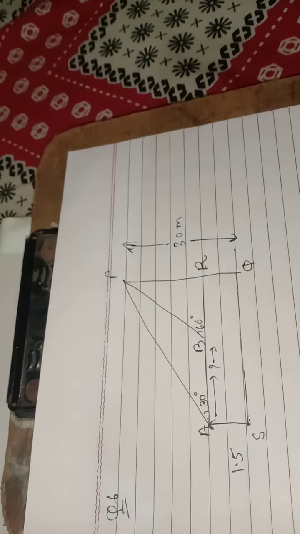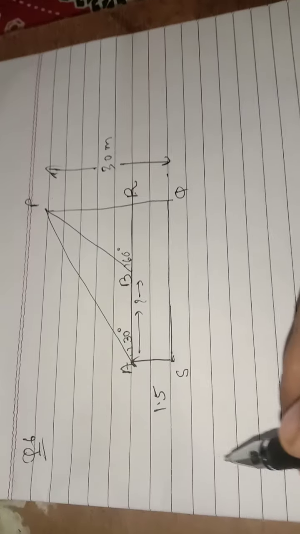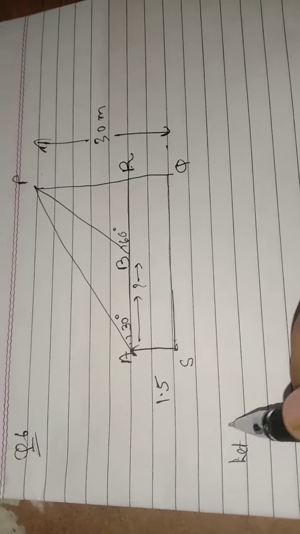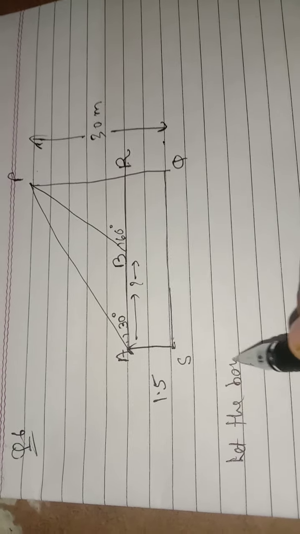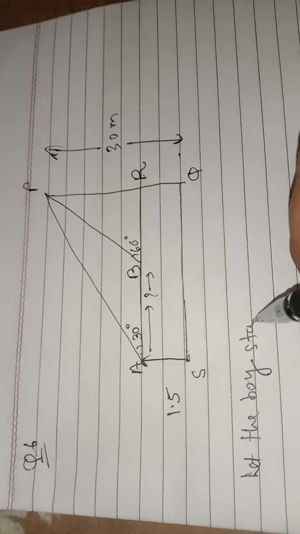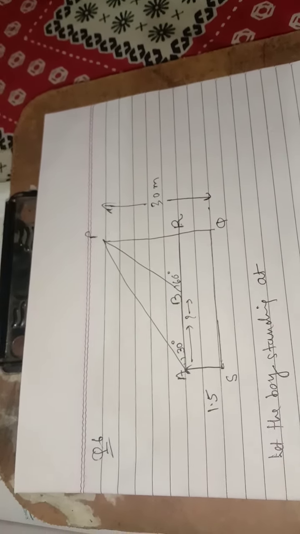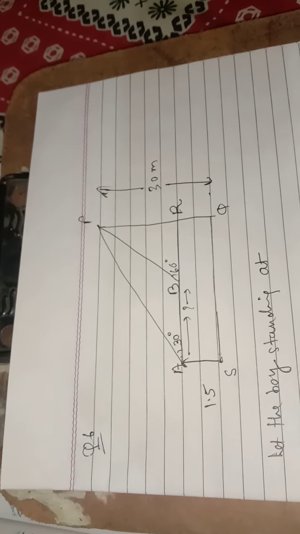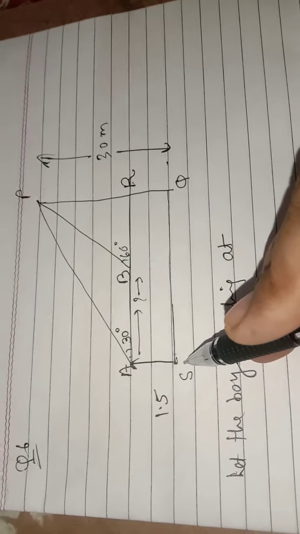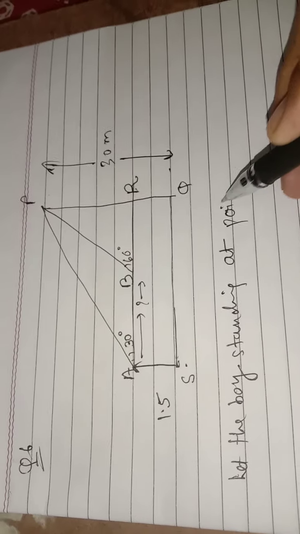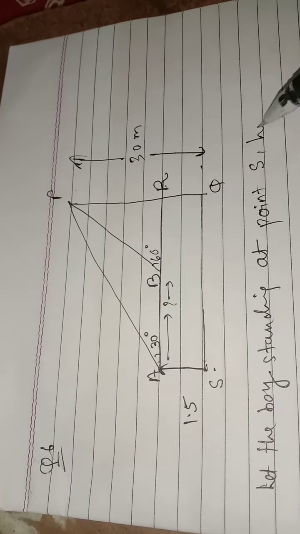How will we write here? We'll write: let the boy be standing at point S initially.